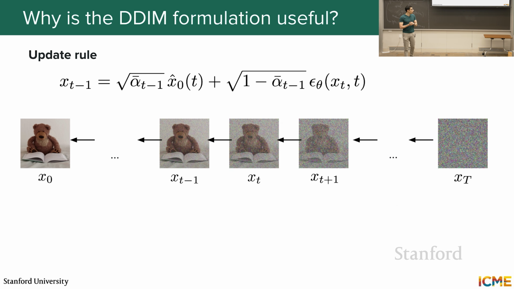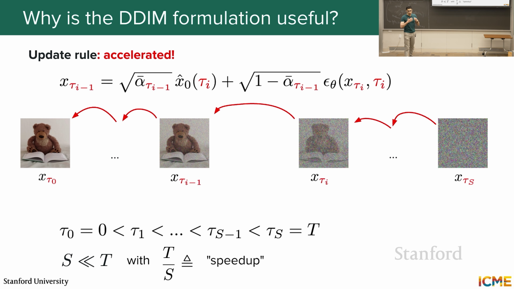So you had to go one step at a time, and now you can adapt the formula that we saw from step t to step t minus 1, but now between this schedule of steps, tau i's, where at step tau i minus 1, you predict your best guess at what the clean image x0 is based on your step tau i, and you approximate the noise that you need to remove, and you weigh each of these terms at the step tau i minus 1, which is how you get this formula.